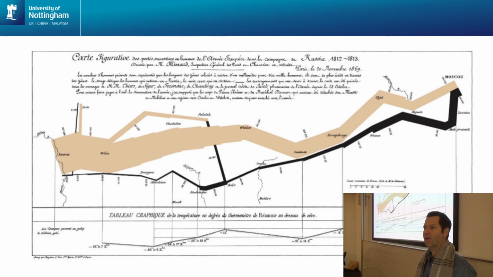Does anybody know how you'd find out about this if you wanted to find out more? Anybody? Nobody knows? Does everybody know about Google image search? So you can pop this image into Google image search and then get more information.